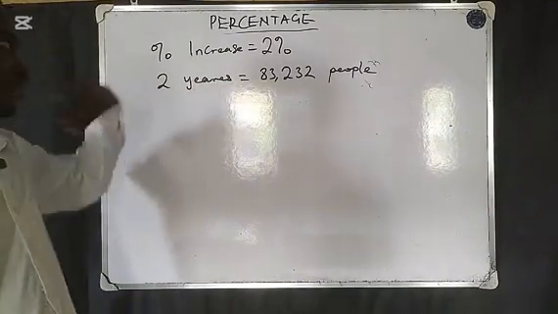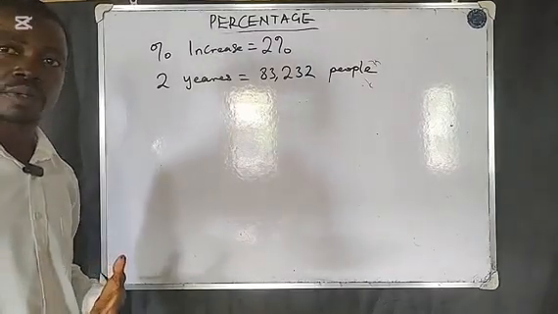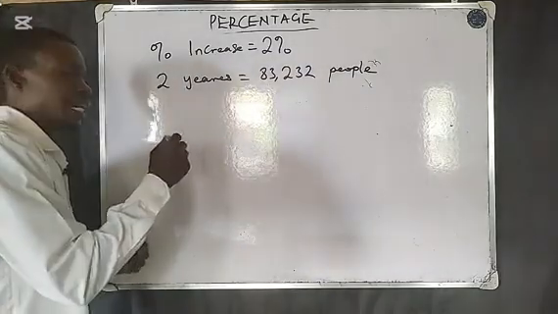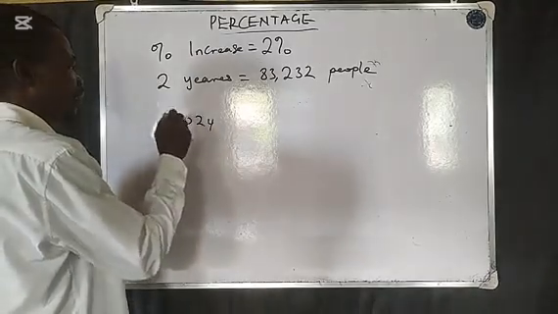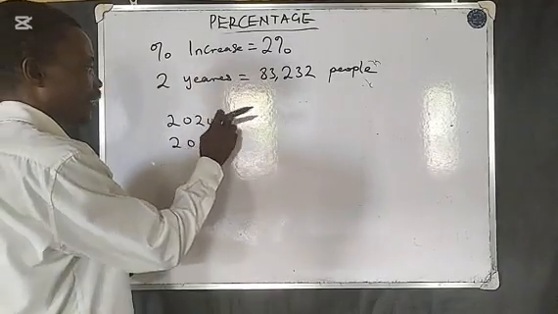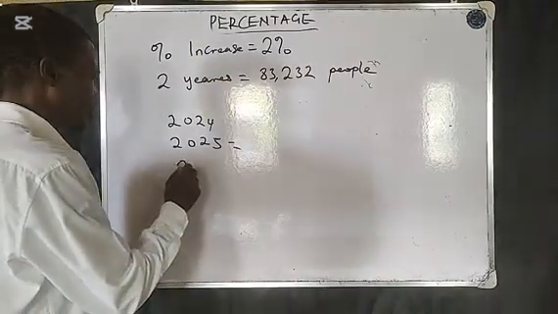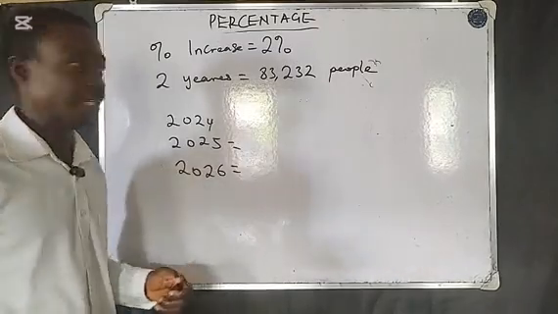So 2 years before now, we don't know the population, do we? Let's say that year is 2024. In 2025, there is an additional increase of 2%. Am I right? In 2026, there is another increase of 2%.